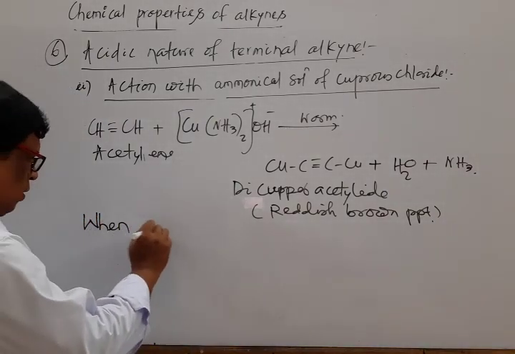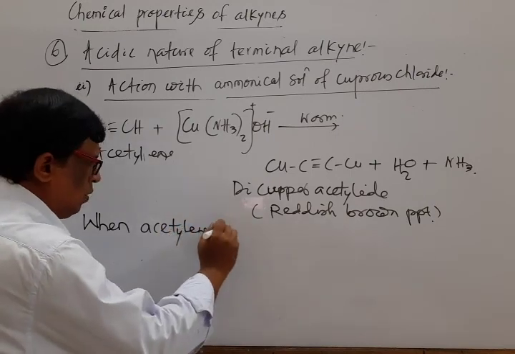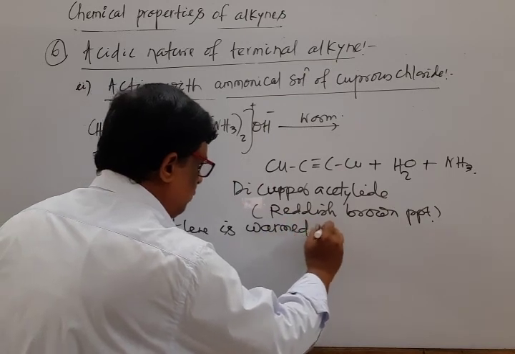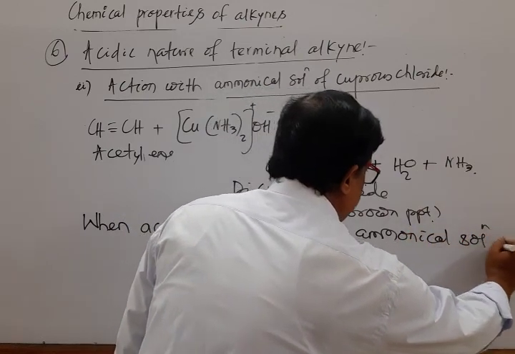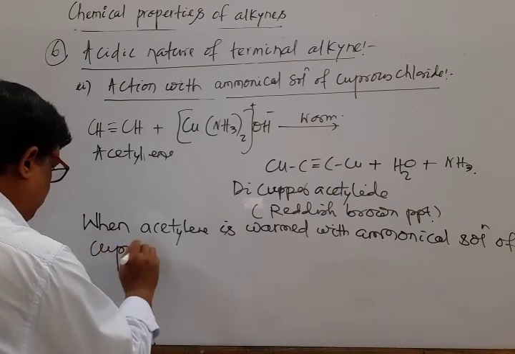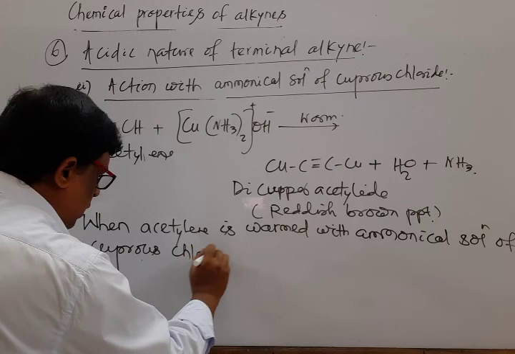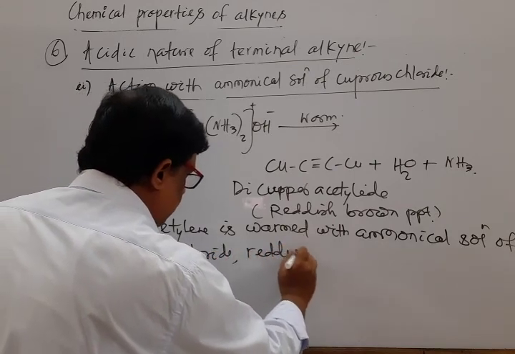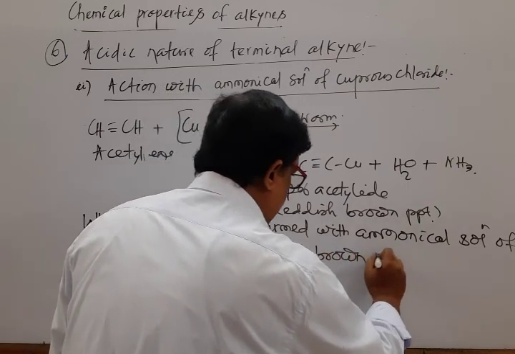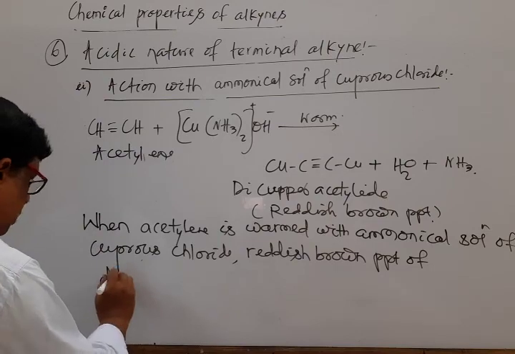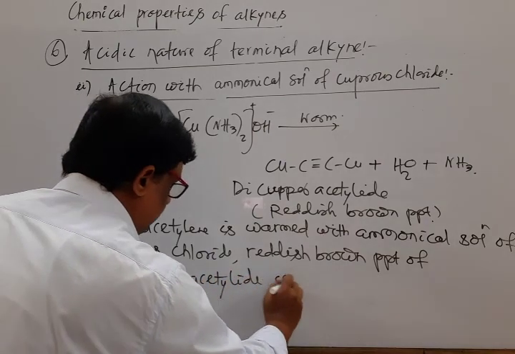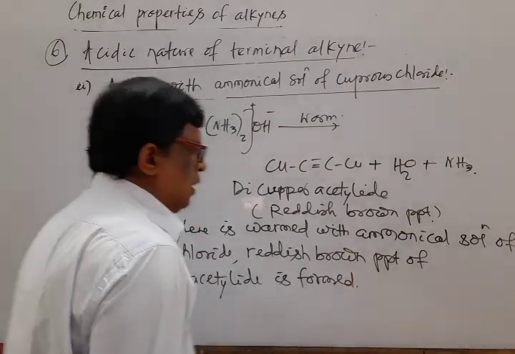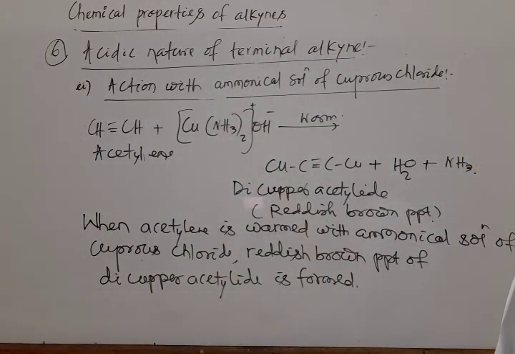When acetylene is warmed with ammoniacal solution of cuprous chloride, then a reddish brown precipitate of dicopper acetylide is formed.